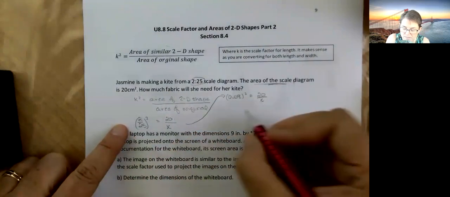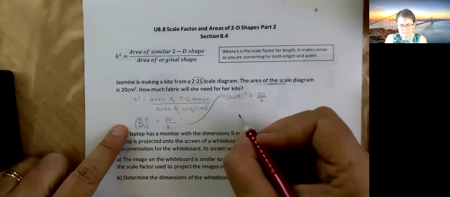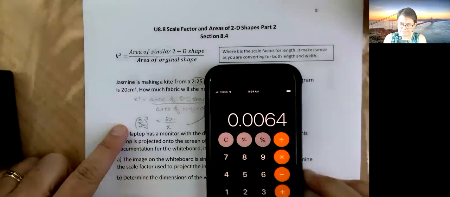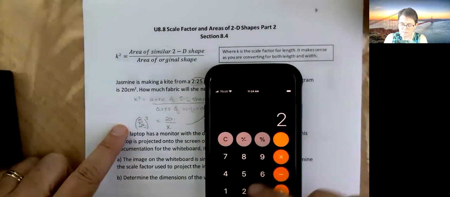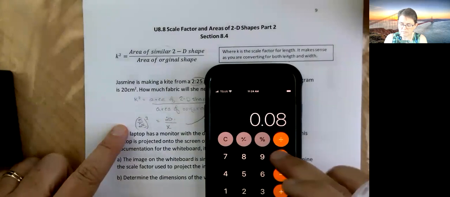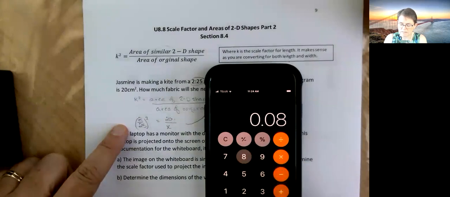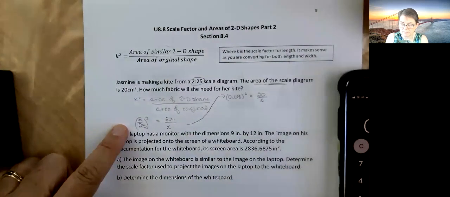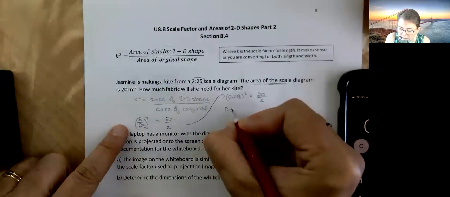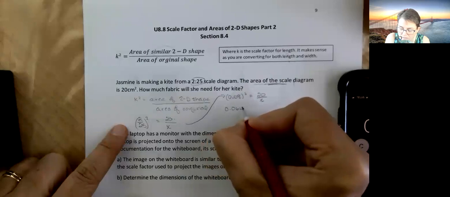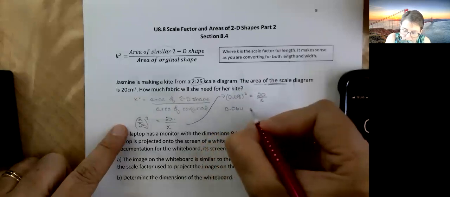Somehow that doesn't seem right. Let me try that again. 2 divided by 25 times 0.08. Yeah, all right. So 0.064. Oh, I lost a 0 there.